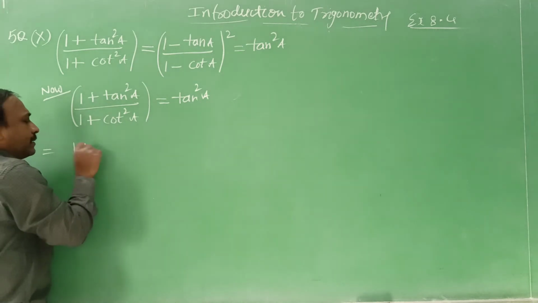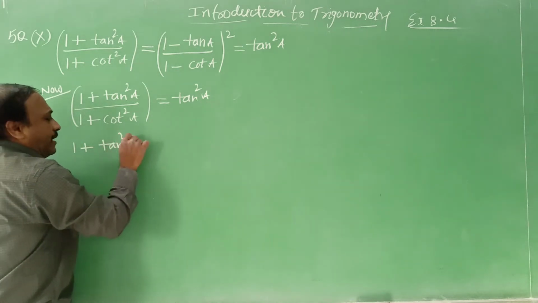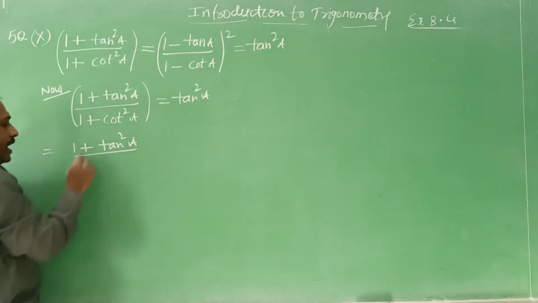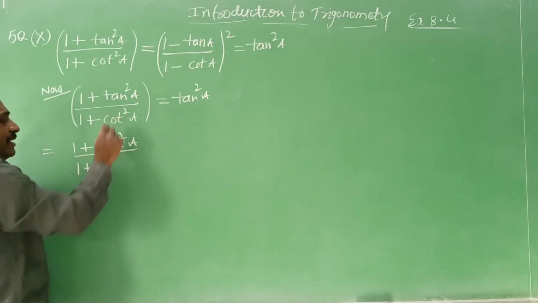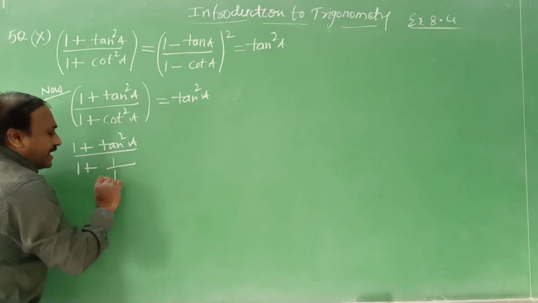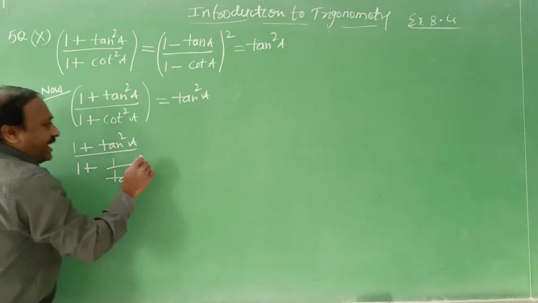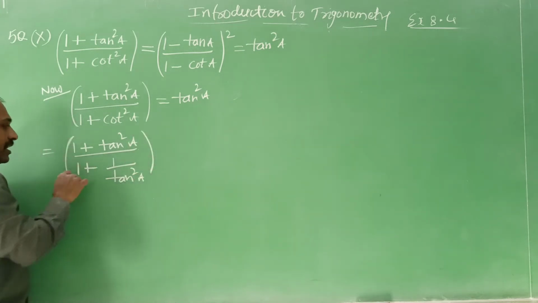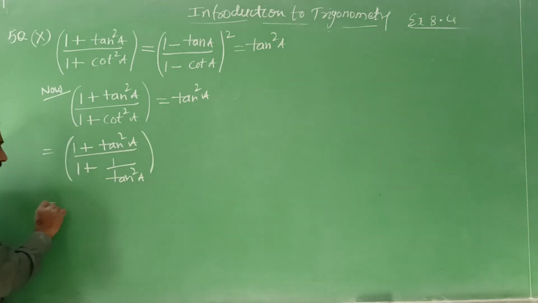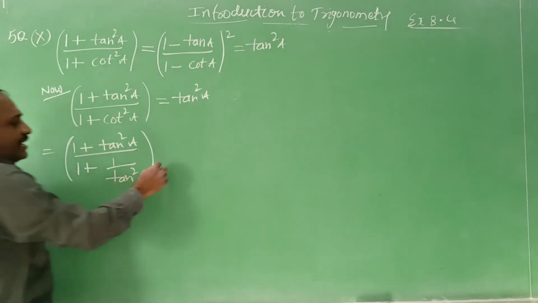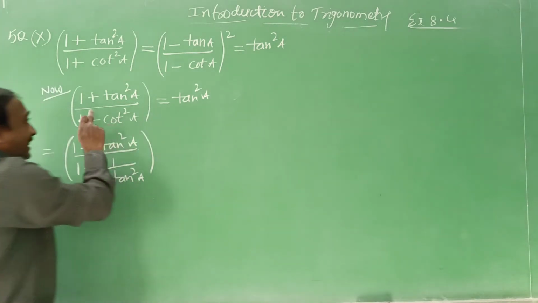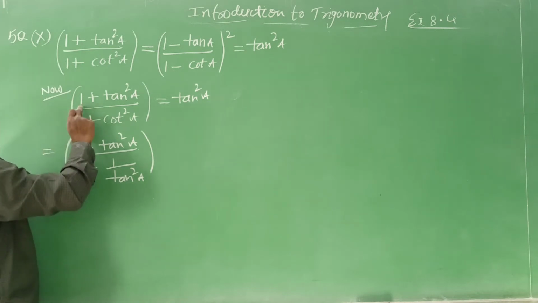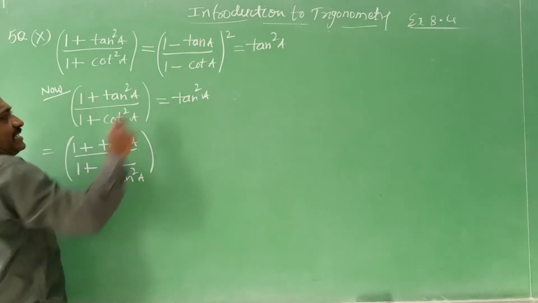So now, observe it. 1 plus tan square A by 1 plus cot square A, we are writing in terms of tan. So here I am writing 1 by tan for cot in the bracket. Here I am taking the LHS part, this is LHS and this is RHS.